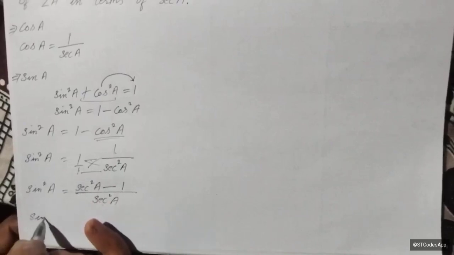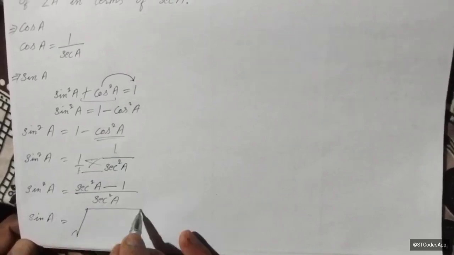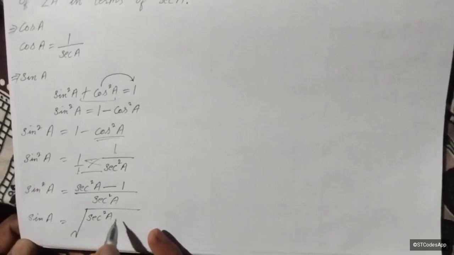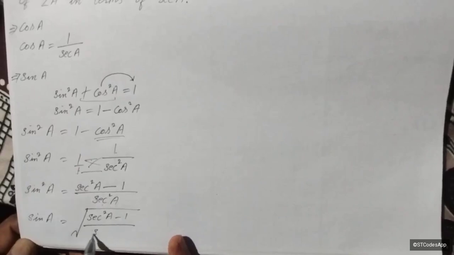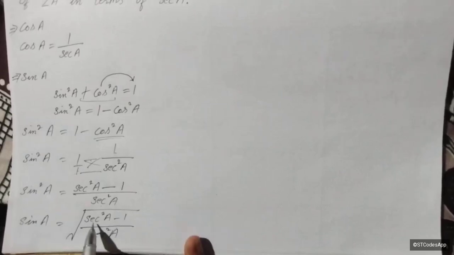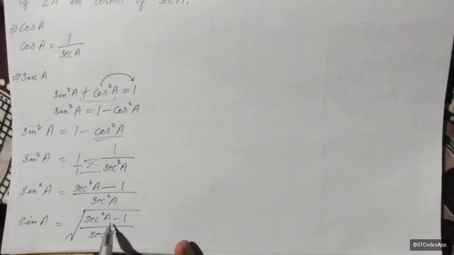So sine A is equal to under root of sec square A minus 1, divided by sec square A. Now we cannot solve the upper side because we don't know what the answer will be if we decrease 1 from sec square A. But the downside we can solve, because the denominator is only one number, sec square A. So we will cancel the square with the under root.